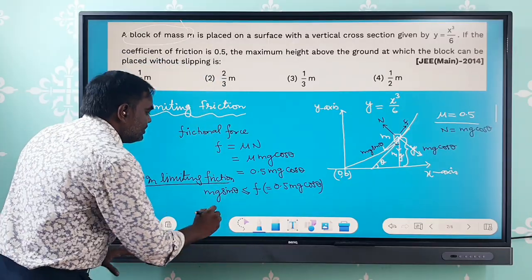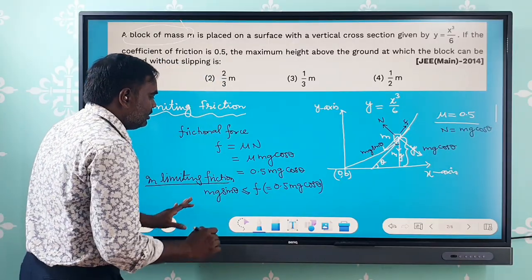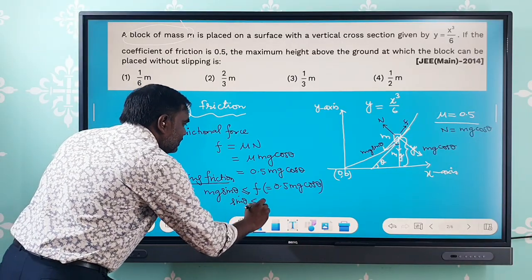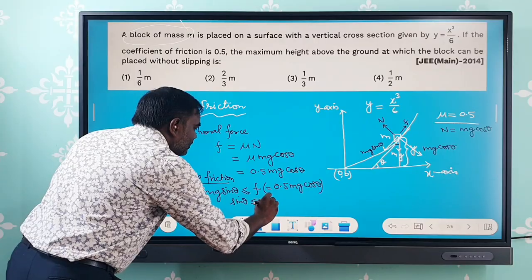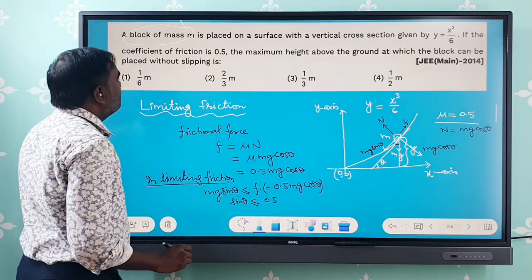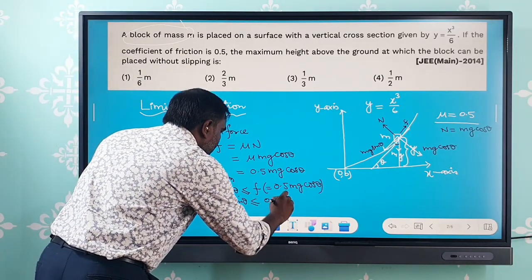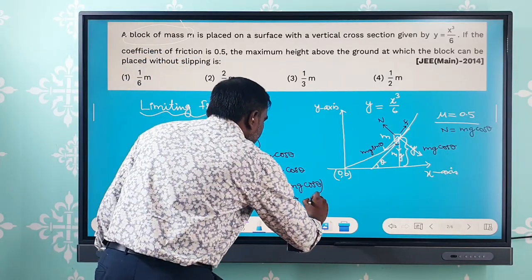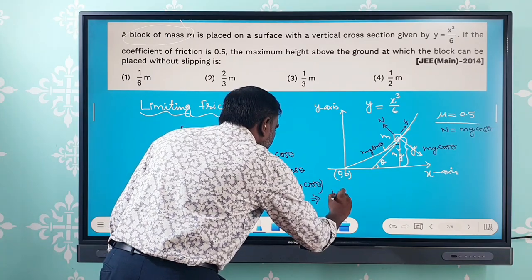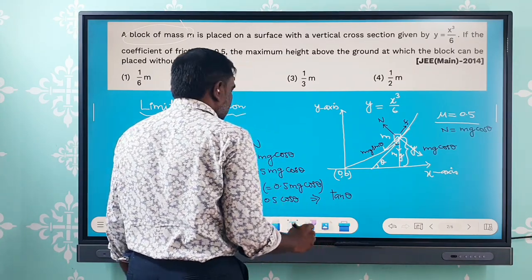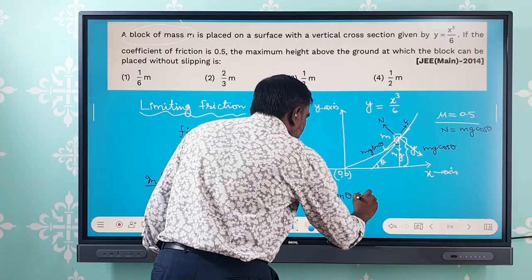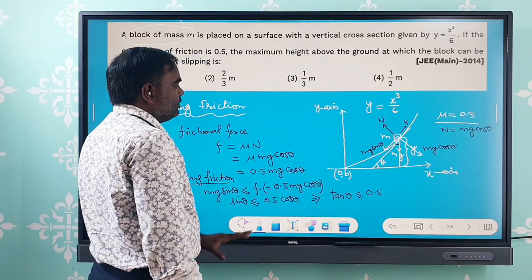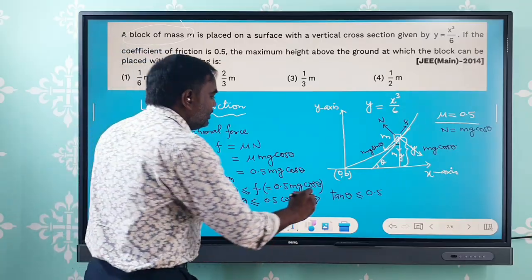After simplification we see that mg is on both sides, that is sin theta less than 0.5 cos theta, right? That means we see that tan theta should be less than or equal to 0.5, right?